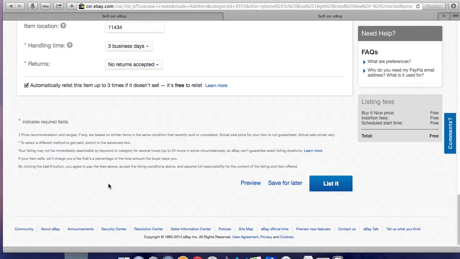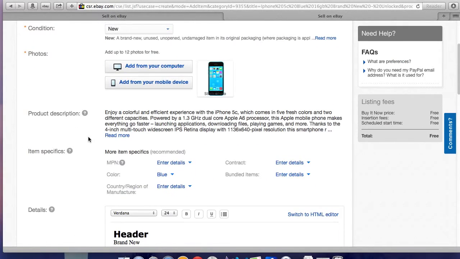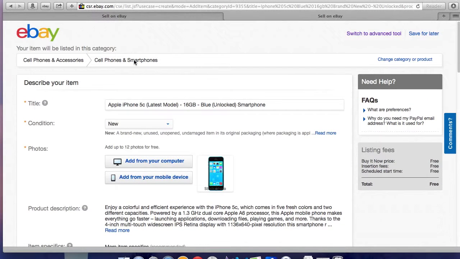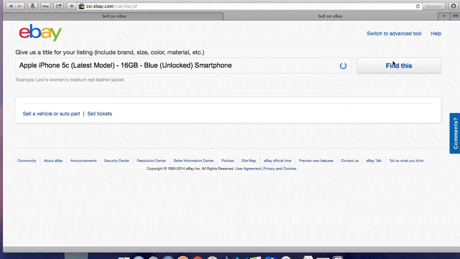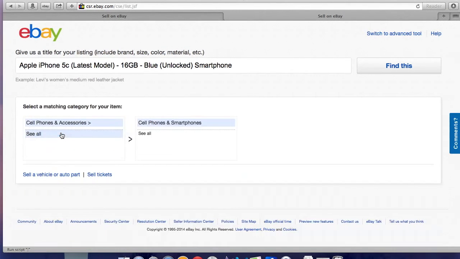So you can either choose to preview, save it, or you can just review it. But I like to go over everything first, just in case maybe I want to add a different category. So sometimes you have to pay for more than one category, or not.